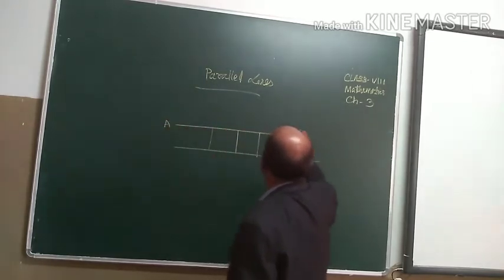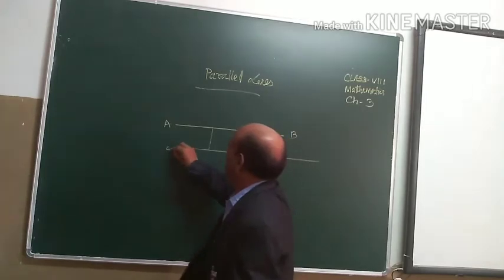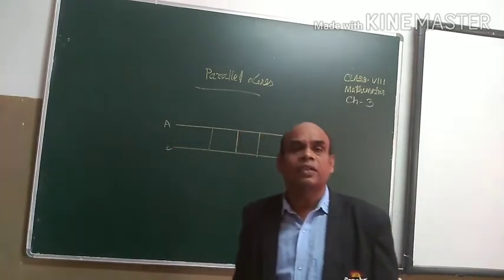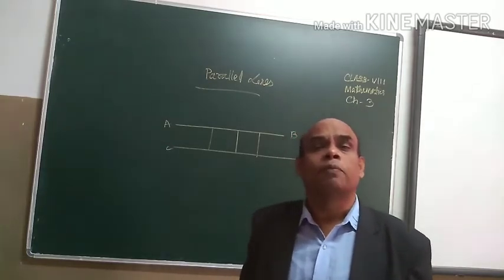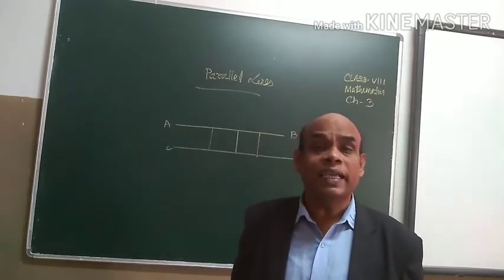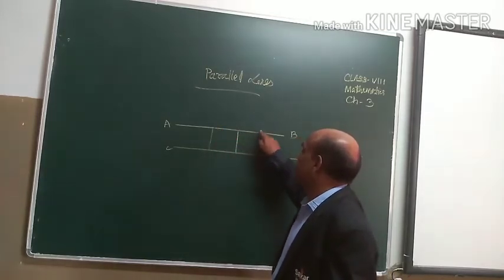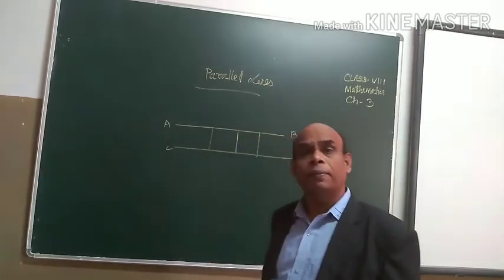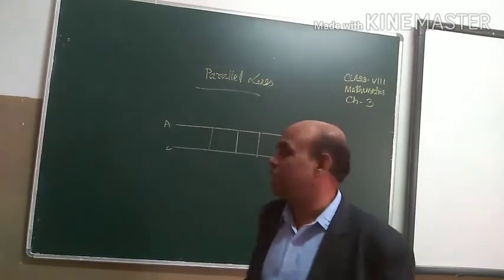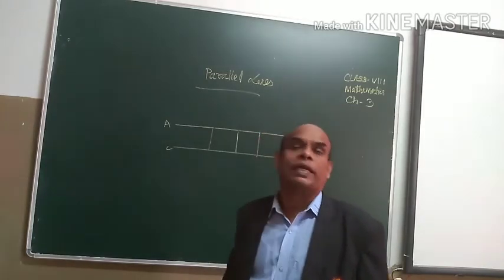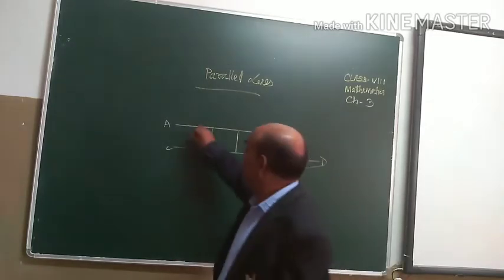So the difference between two lines is what makes them parallel lines. You see here AB and CD. We can say both are parallel lines. Why? Because the difference between them is called the perpendicular distance, because we always measure perpendicularly.